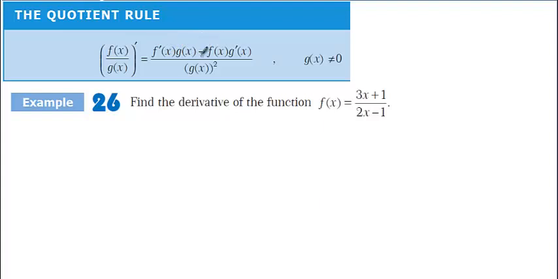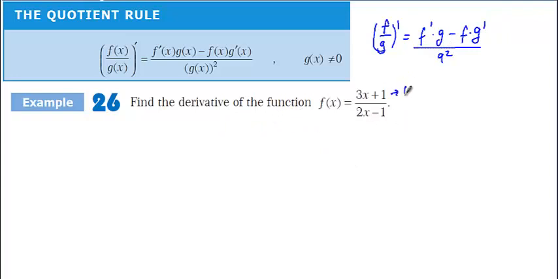Here there was addition and multiplication, and this is the extra part, only over the denominator's square. The derivative of f over g is going to be equal to f derivative times g minus f times g derivative over g squared.